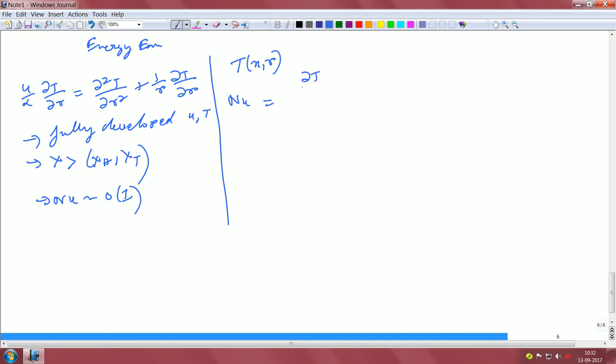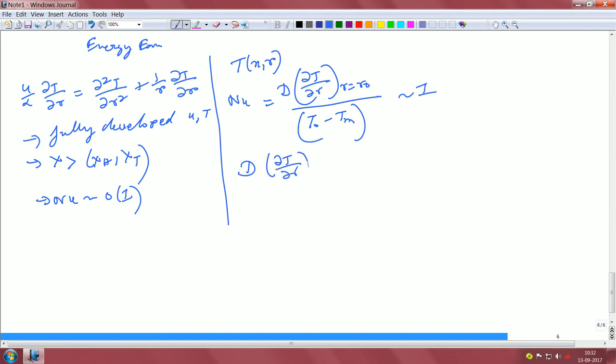Okay. So, let us take the definition of Nusselt number, the primitive definition, at r equal to r naught, that means at the wall, dT by dr over T_m, this is of the order 1, right. So, that would mean that dT by dr at r equal to r naught is the same as T naught minus T mean, for any x, right.